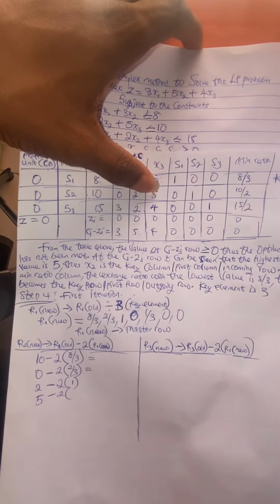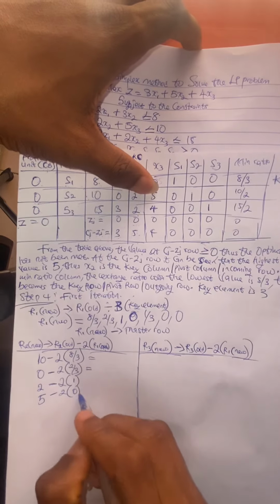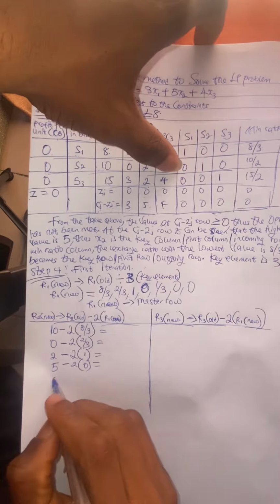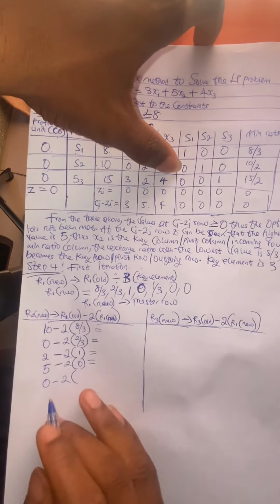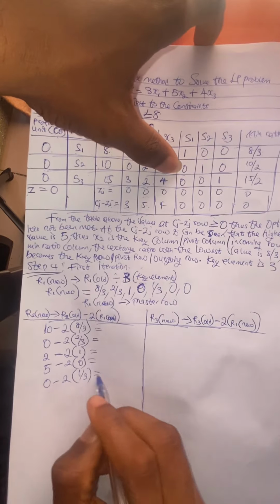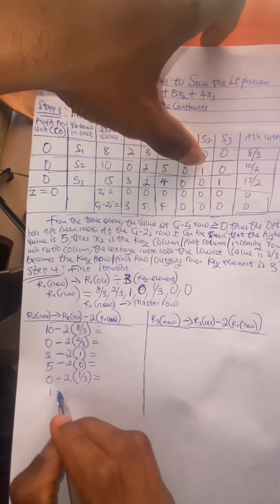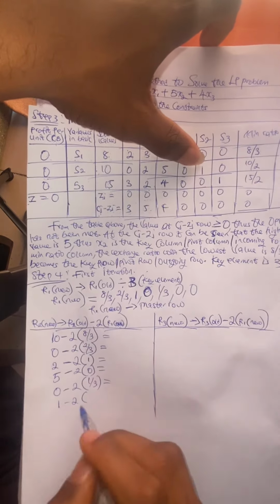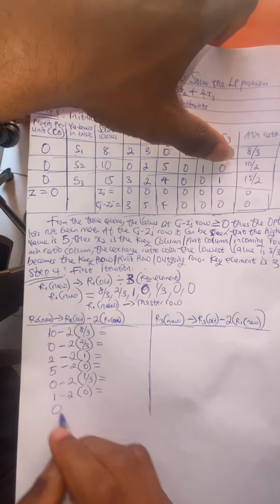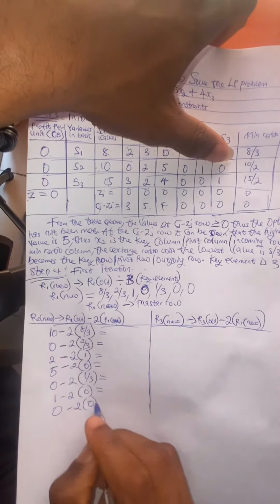You are just applying the formula, and you put your 0 here, equals to. Then the next one is 0 minus 2, right? And then next one is 1 over 3, equals to. The next one is 1 minus 2. Then the next one is 0, and then the next one is 0 minus 2 to be 0.